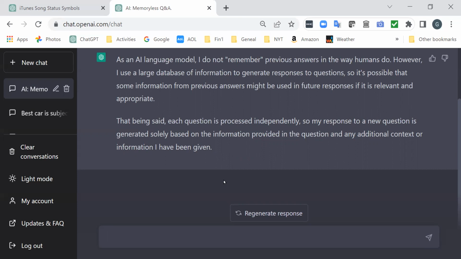I'd like to know why it refers to itself in the first person instead of the third person. I find it disturbing that it uses the first person I instead of referring to itself in the third person.